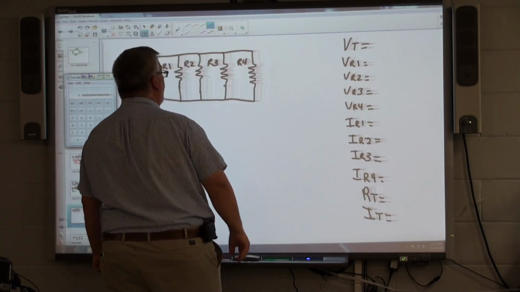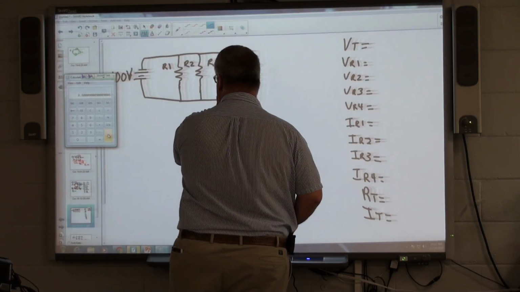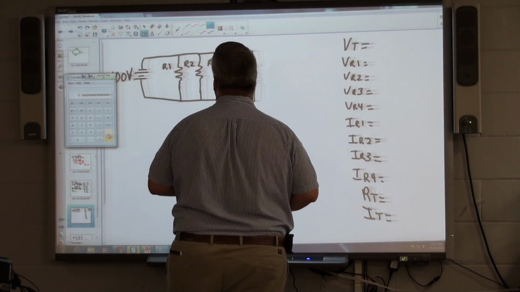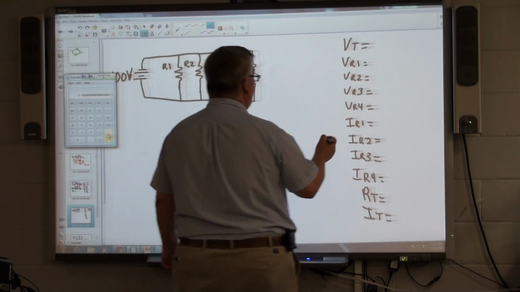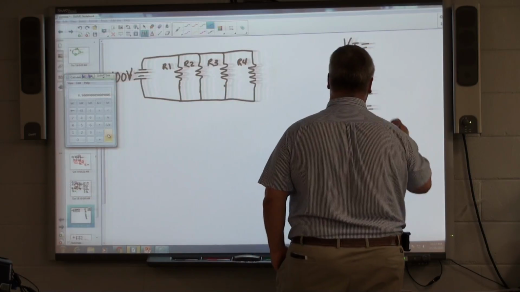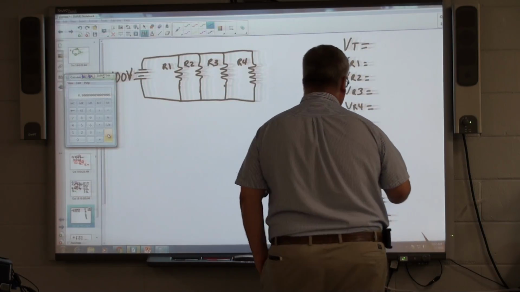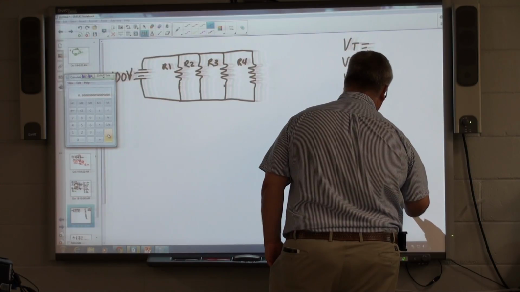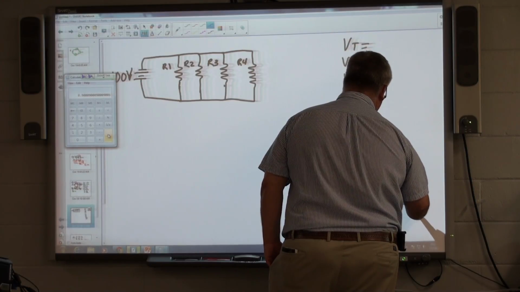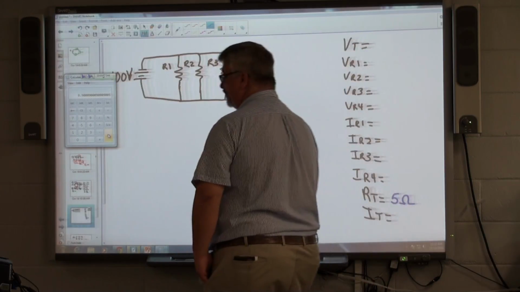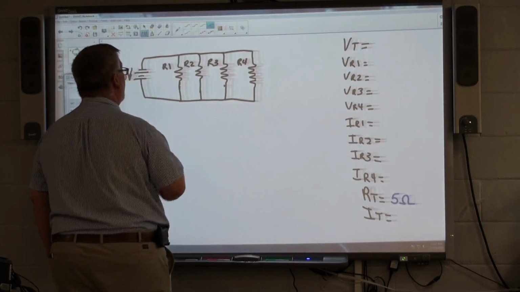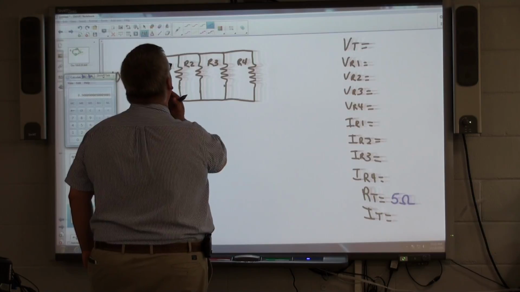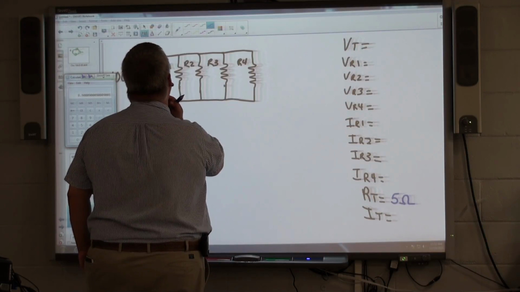Now here's where your calculator isn't your friend, but let's do this. Let's give you RT of 5 ohms. Okay? Make sure I don't screw this up royally.